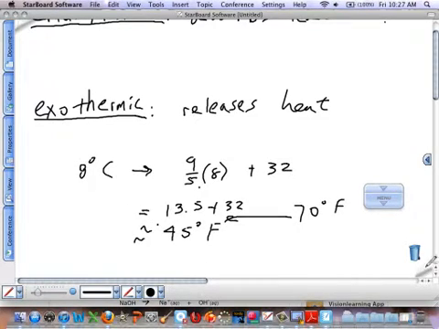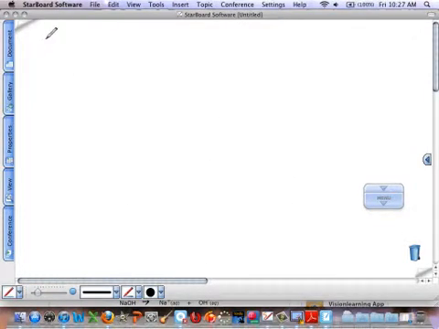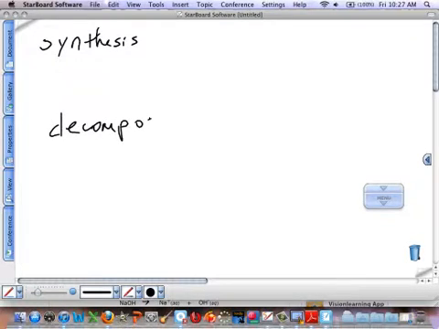The last thing I want to talk about today is synthesis versus decomposition. What does it mean to decompose? To break down. So let's say I take NaCl and put it in water.